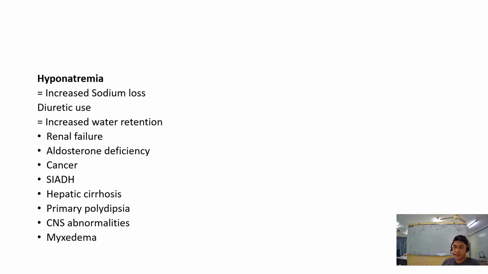Okay, so next condition, we have hyponatremia. For hyponatremia, the first cause is increased sodium loss. For example, diuretic use. Diuretics inhibit ADH, meaning there is increased urine formation. If you form urine, you usually also eliminate some sodium.